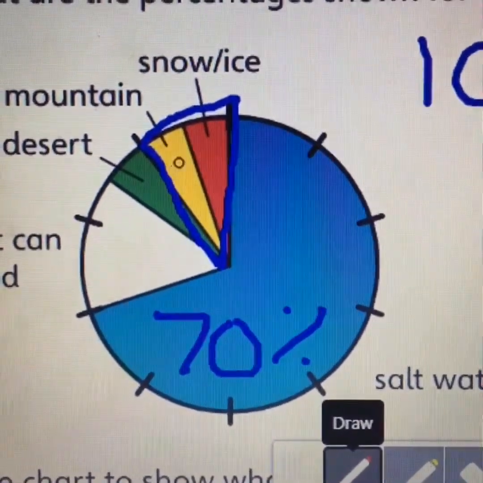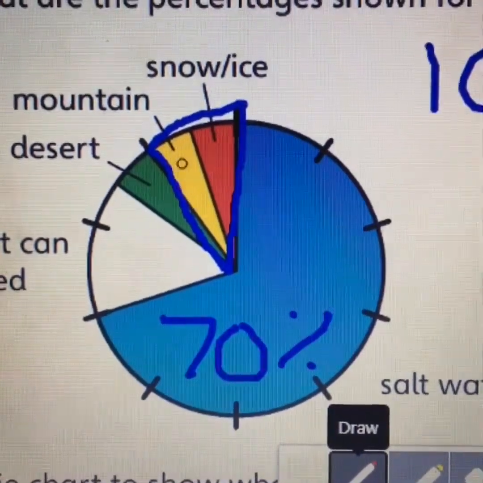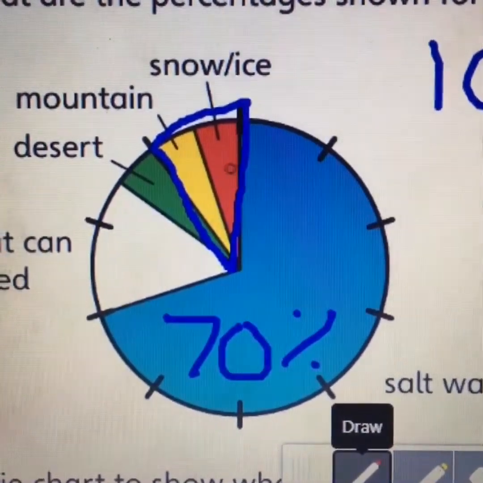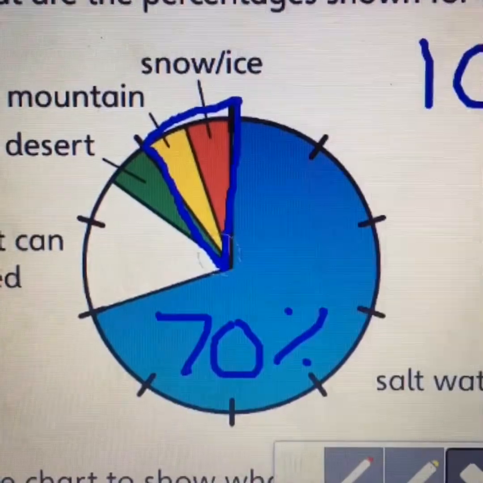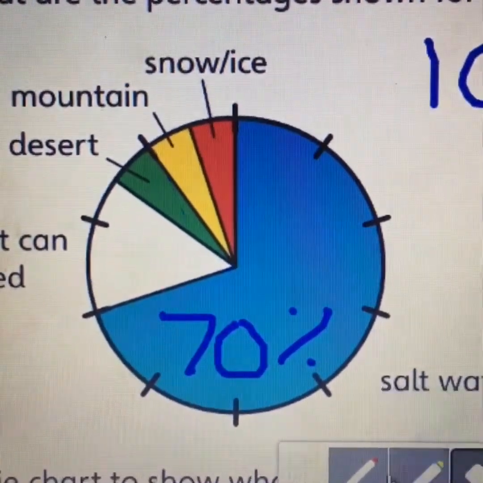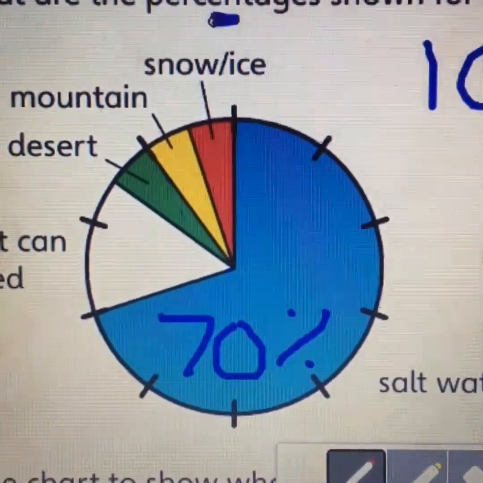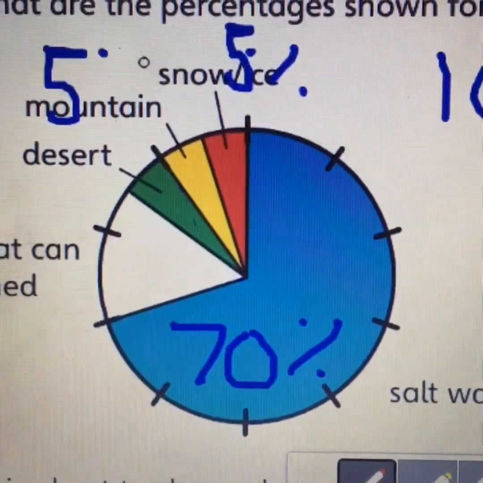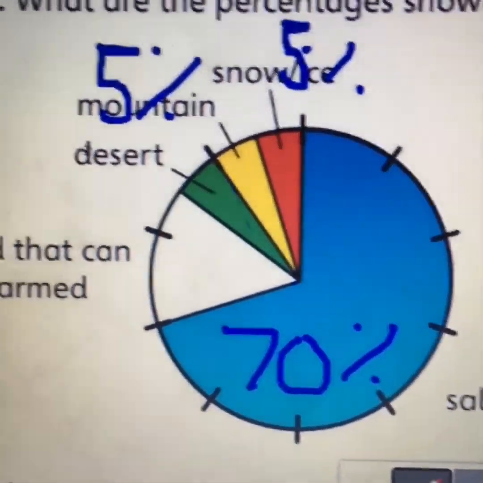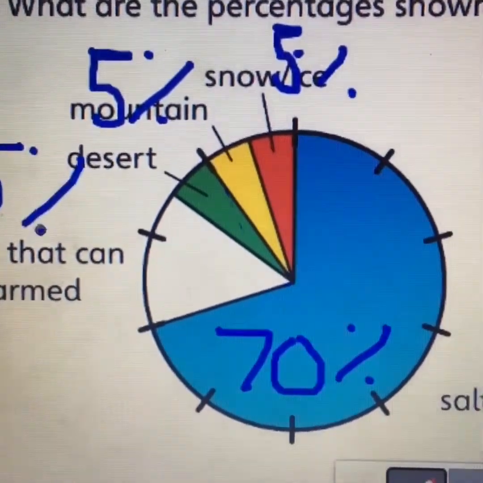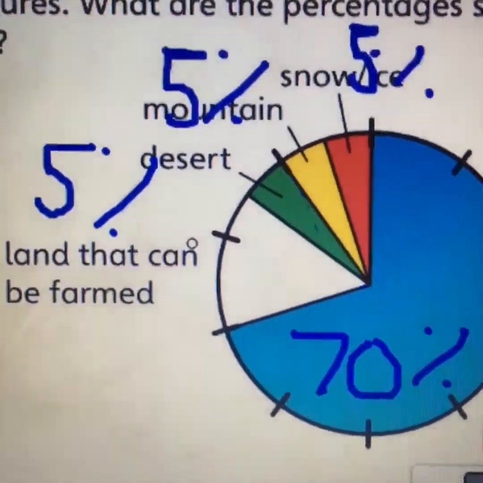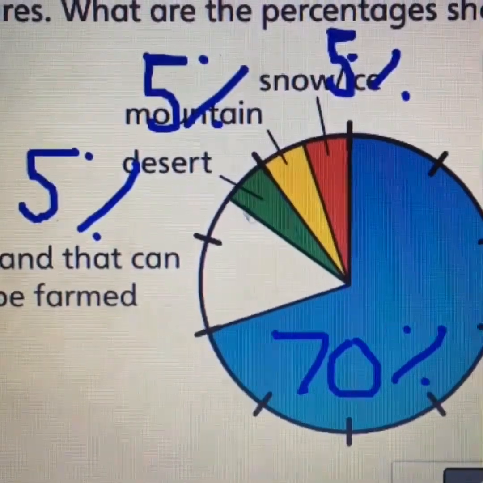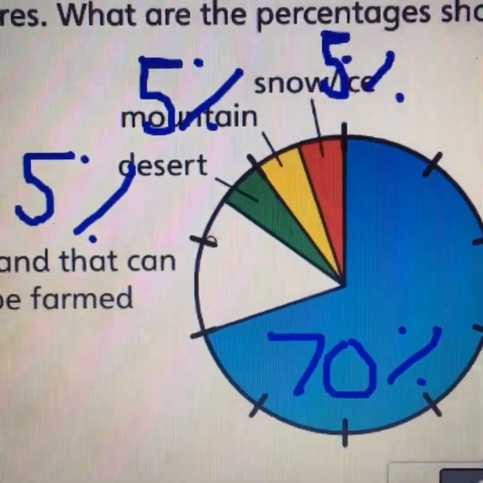So I know that this one is half of one segment and this one's half of one segment. So if they're both half and one segment is 10%, snow and ice must be 5%, and mountain must also be 5%. I know that desert was the same, so desert must also be 5%, and I can see that by looking at this pie chart. I can see that it's halfway between one of those segments.